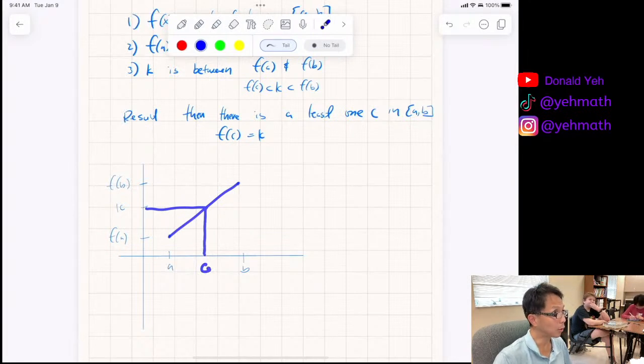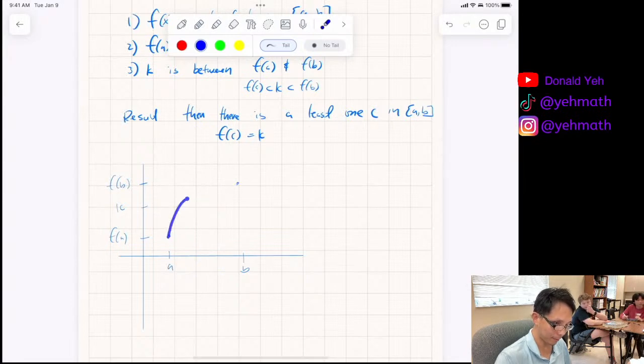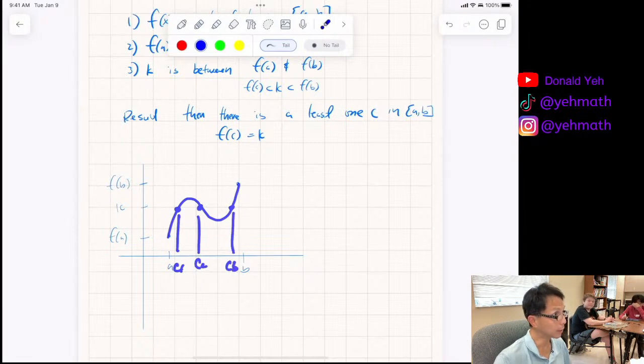Now, can it go through more than once? Yeah, if you have some type of polynomial. Now, I'm gonna redraw this. If I have some type of polynomial, I could have something like this, right? And that's also continuous. How many times do I go through? Once, twice, 3 times. We're gonna call this C1, C2, and C3.